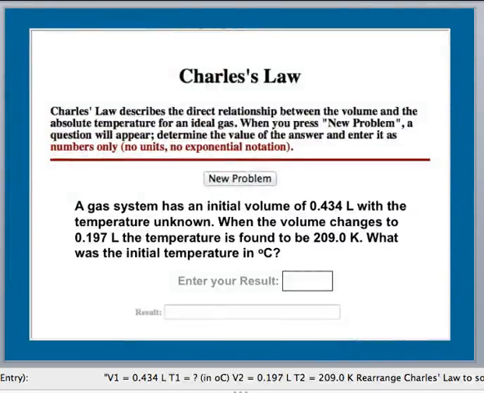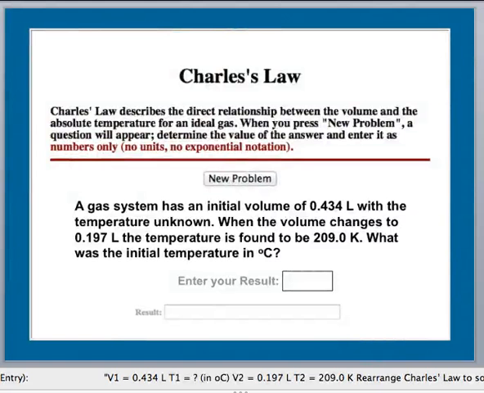Here we have a gas system, and we're given an initial volume in liters. When the volume changes to 0.197 liters, we have our temperature here at 209 Kelvin. What we're looking for here is our initial temperature. Now the problem, again, this is done randomly in the computer, wants the final temperature in terms of centigrade.